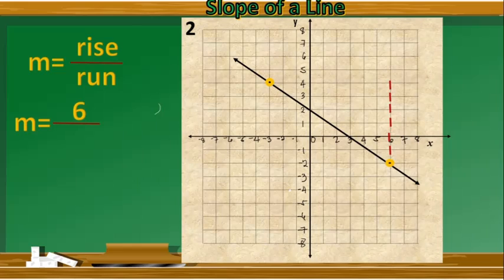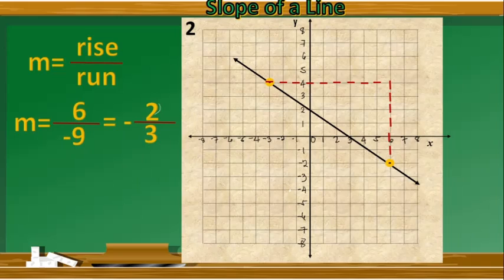Now, from that rise, we are turning left. So that means the value of our run is negative. 1, 2, 3, 4, 5, 6, 7, 8, 9. So the value of our run is negative 9, and the slope is negative 2/3.